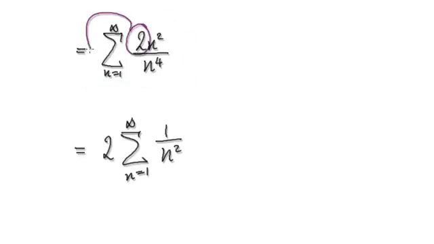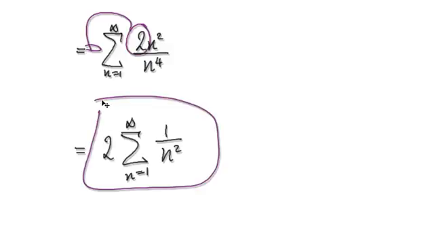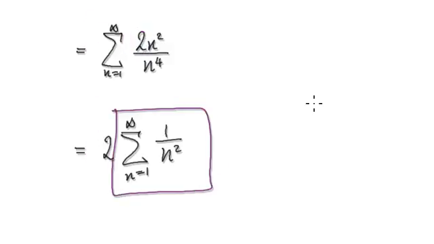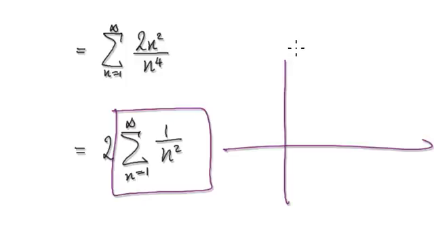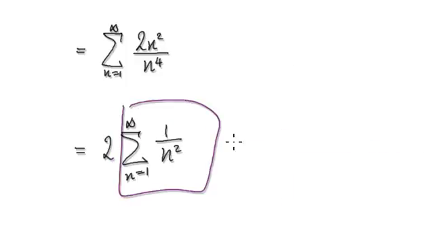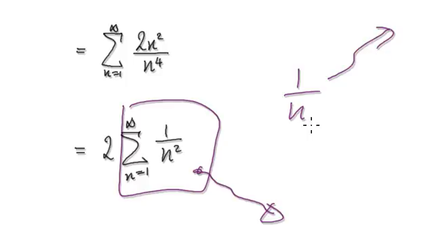Now this is a constant, you can take it out, and that will give you this, and we've seen this many times in the past. This thing here will converge. This thing here will diverge, and anything above 1 here will converge.